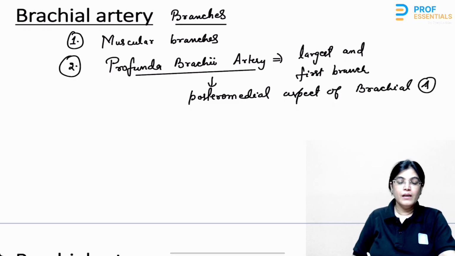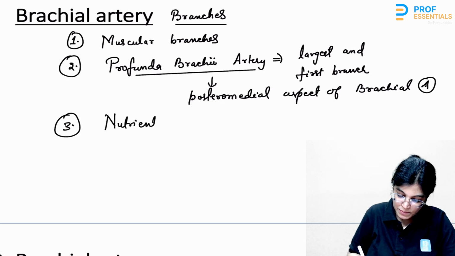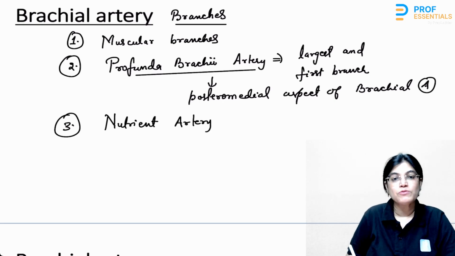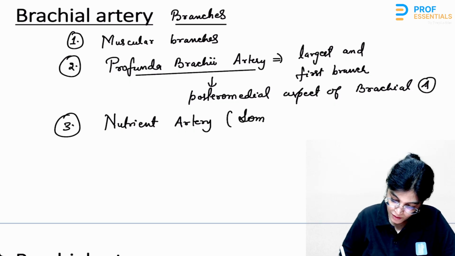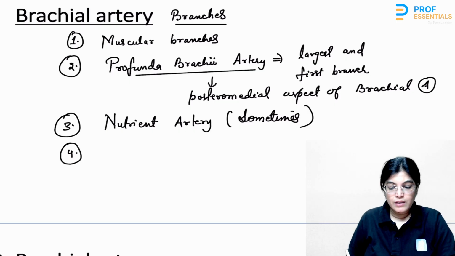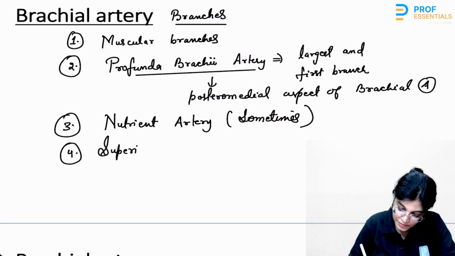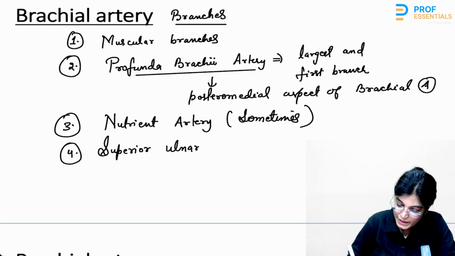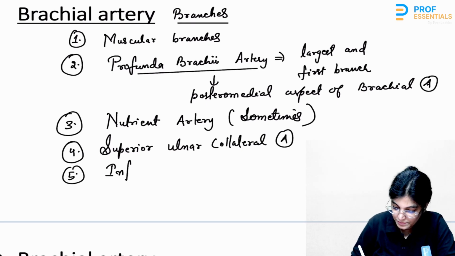Now, other branches. The nutrient artery is also given to the humerus bone, but please write down, it is not always; sometimes, most of the time, the nutrient artery is given by the profunda brachii artery. It also gives the superior ulnar collateral artery and the inferior ulnar collateral artery.